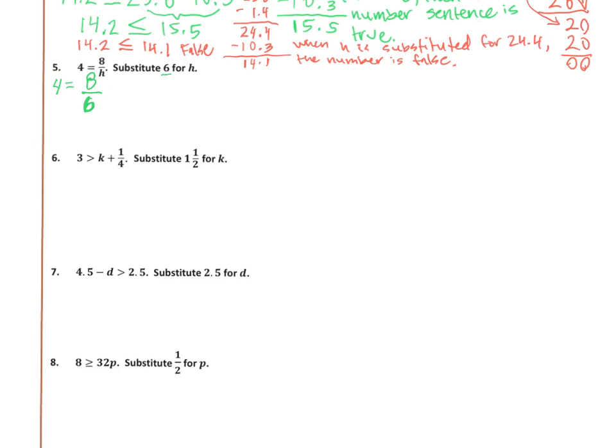Okay, so 8 over 6 is equal to 8 divided by 6, which is also equal to 6 with the 8 inside the division house. So we know that 6 is going to go into 8 only one time. 6 times 1 is 6. We're going to subtract that. 8 take away 6 is 2.